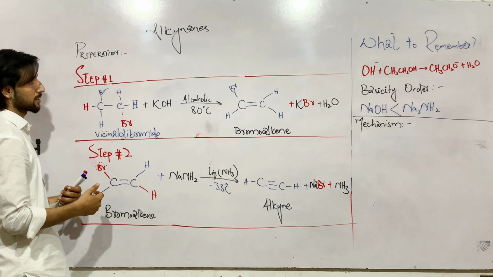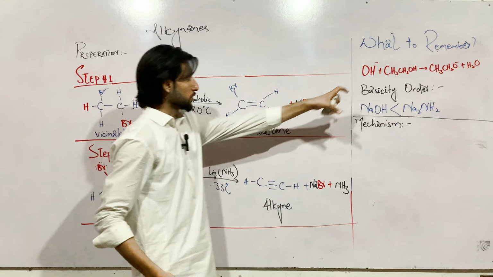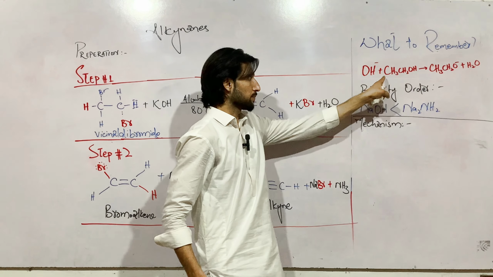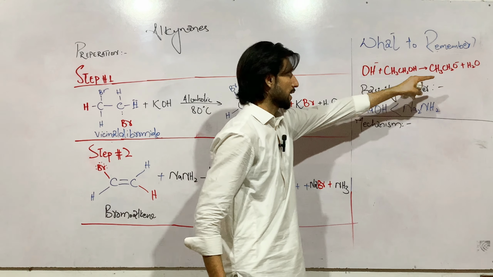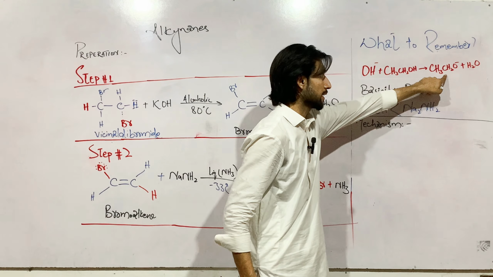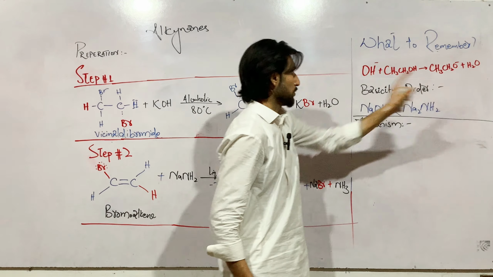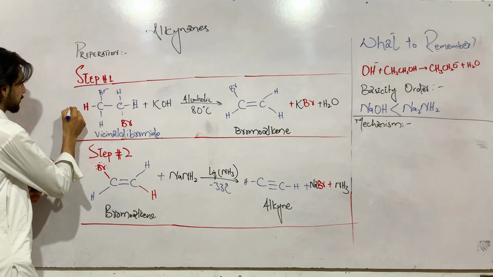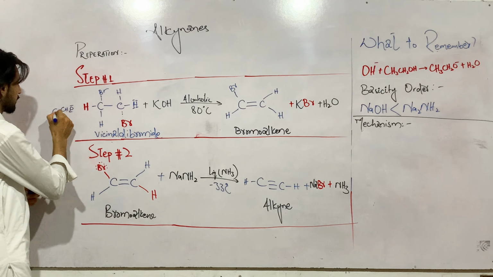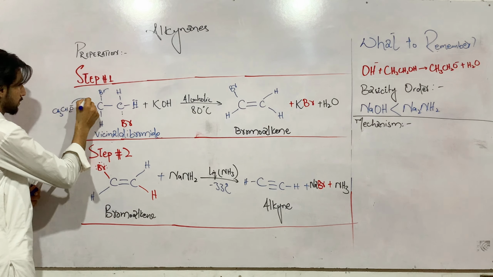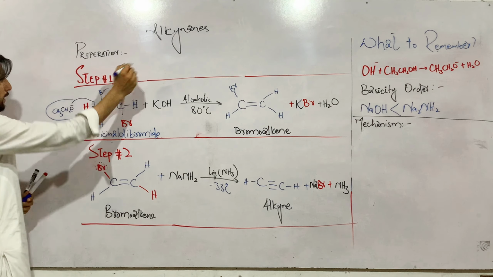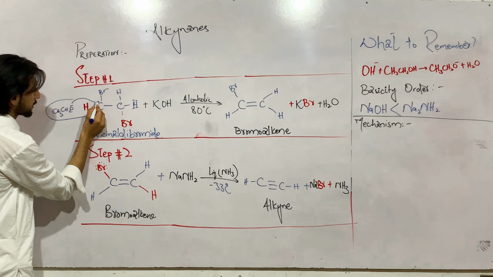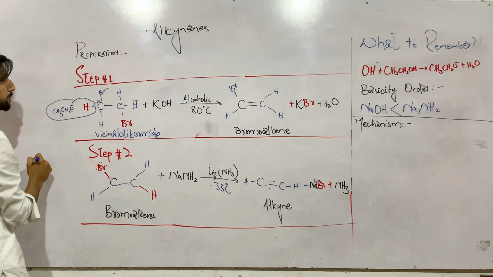The OH from KOH reacts with the alcohol from the medium and forms a strong base, in this case the ethoxide ion, with water formation. This ethoxide ion abstracts a proton from over here. As this proton leaves, it leaves its electrons on this carbon atom.